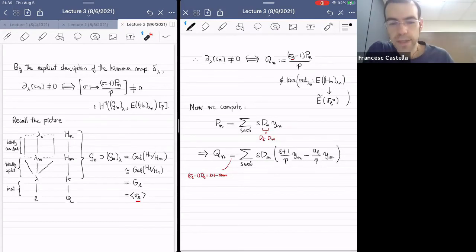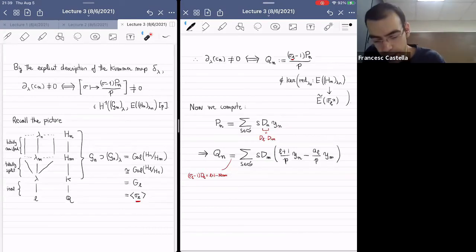Here I use two things: first this relation to replace that by a norm, and then I use the norm relation to replace the y_n by a_L times y_m. So this is by the norm relations.